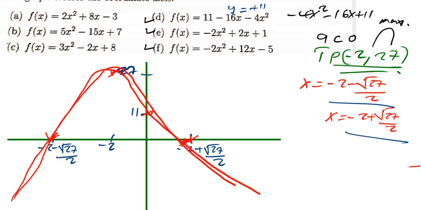Like that. So that's my graph of f of x is equal to 11 minus 16x minus 4x squared. As simple as that.